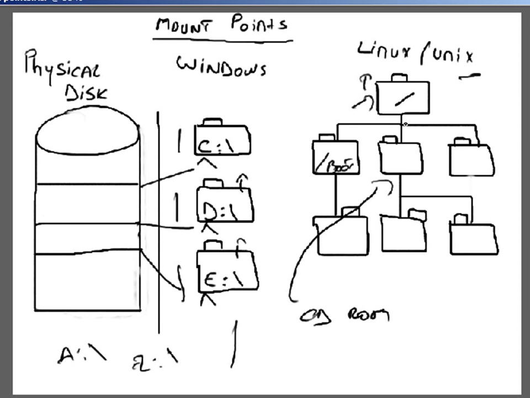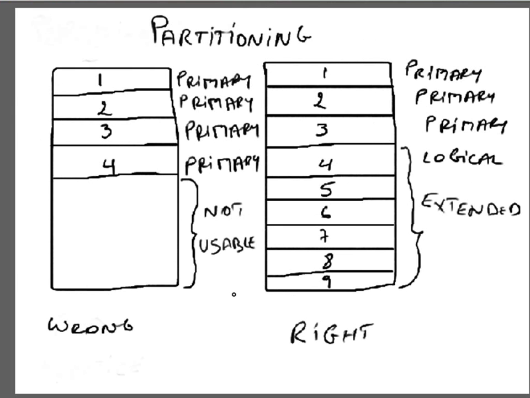So now let's bring up that slide and take a look here. Can we have more than 4 primary partitions? The answer is obviously no, we cannot. So what do you do in the event that you need more than 4 partitions? Well, you have to delete one or not use 4 primary, use 3 primary and an extended partition.